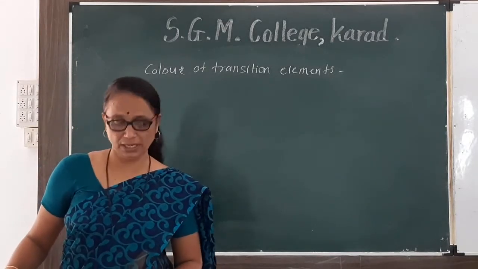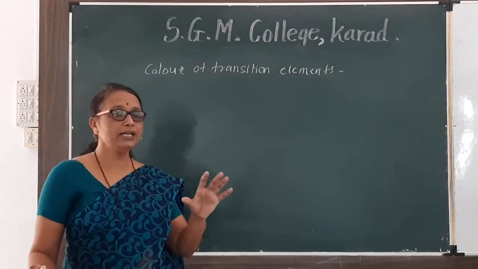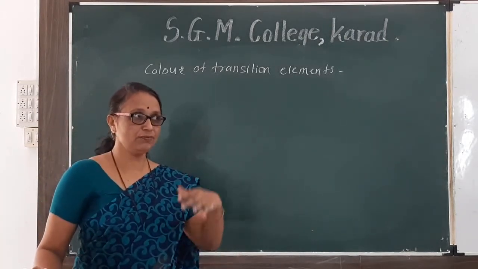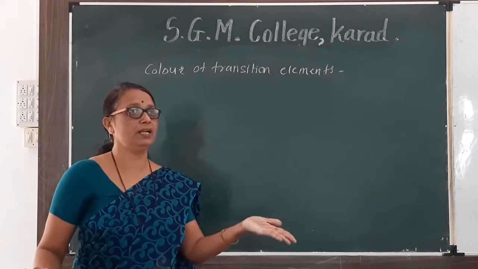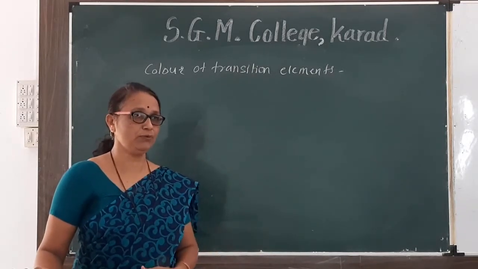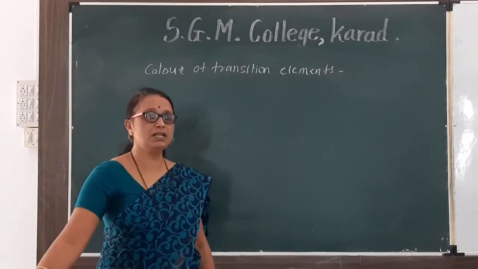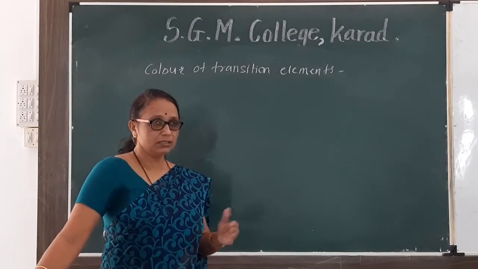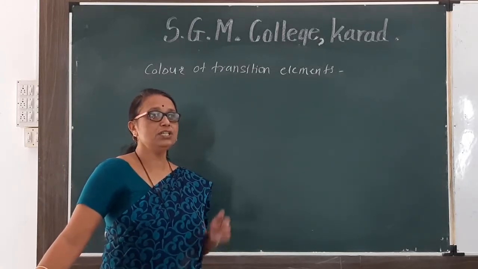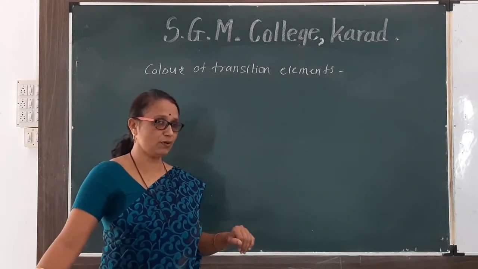Any substance absorbs the light of particular wavelength from the white light or visible light and emits the light of remaining wavelength, and that substance appears colored. The color of that substance is due to the emitted light and not due to the absorbed light.